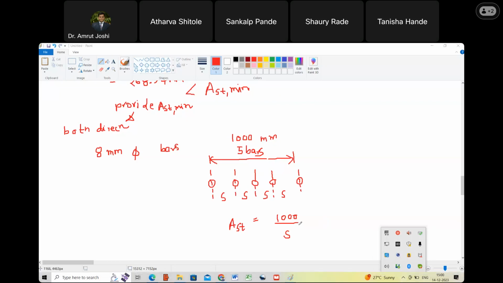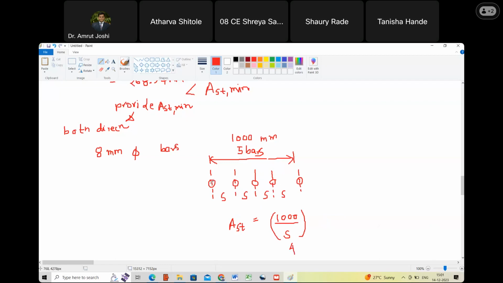Shreya, am I audible? Yes, sir. Okay. So if I provide 5 bars here, I get 4 spacings, 1, 2, 3, 4. So 1000 divided by S. So how much will this number be here? 4. 1, 2, 3, 4. Are you with me? Yes, sir. Now, what is the AST when I am providing 5 bars?